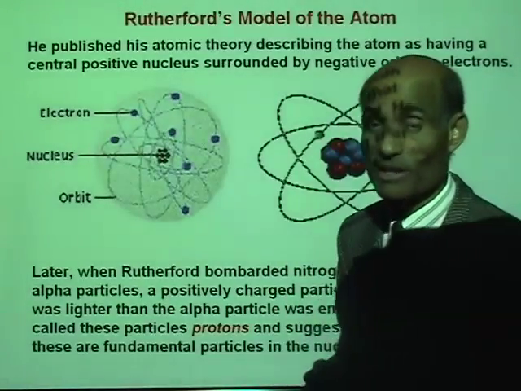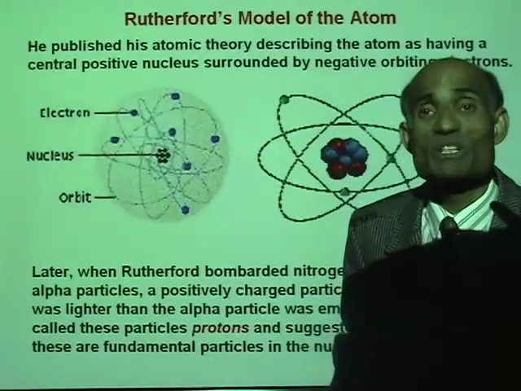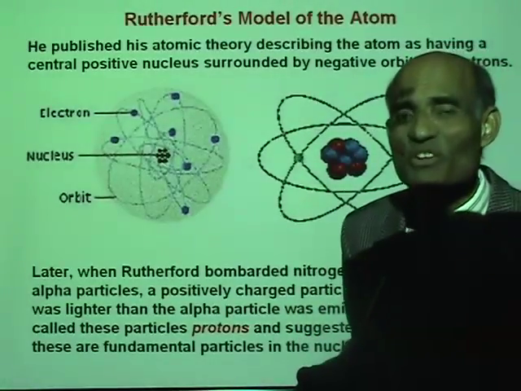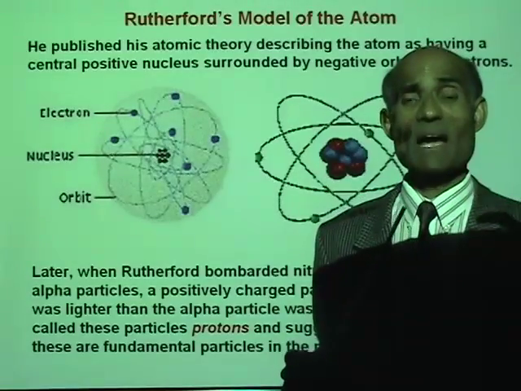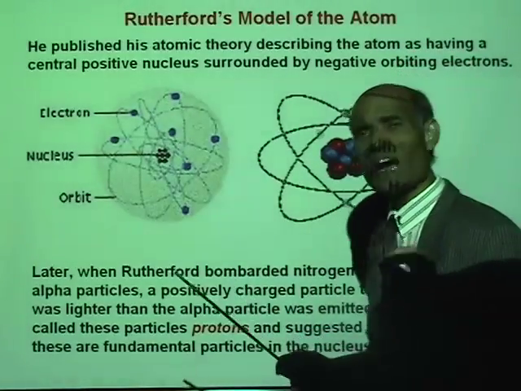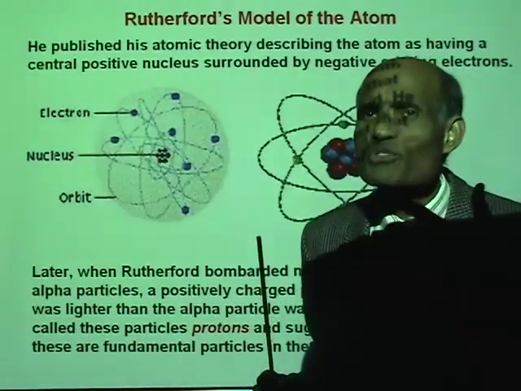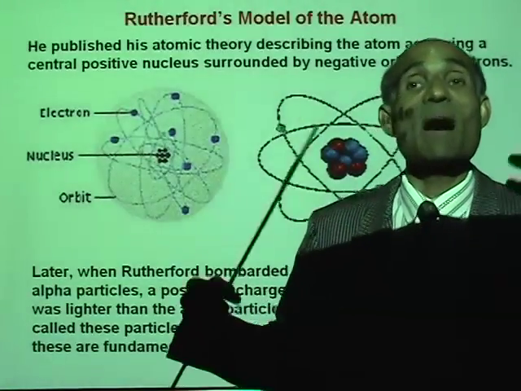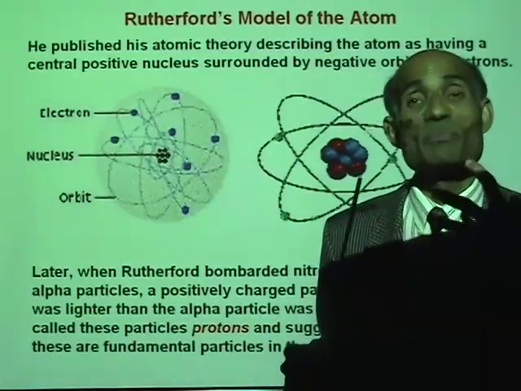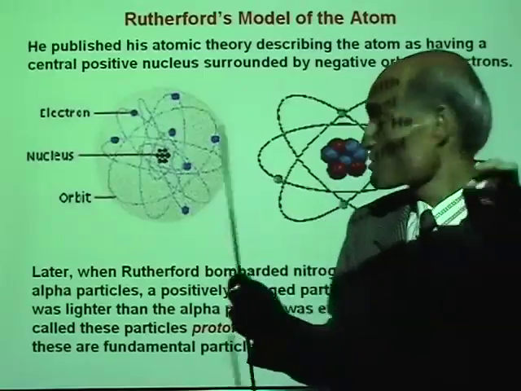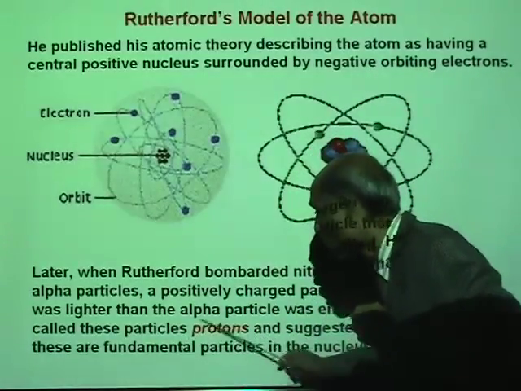Now, later on, actually Rutherford did not discover this. He suggested to one of his assistants who was working in the lab that he had a hunch that the nucleus also contains some other particles, because the mass of the nucleus suggests that it is not just made of protons alone.